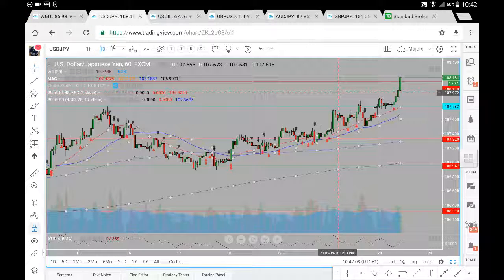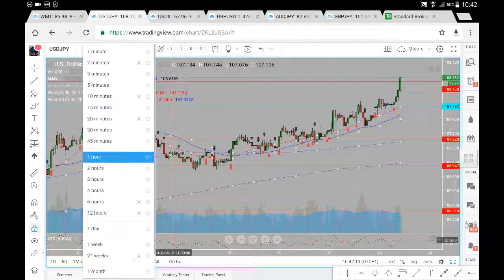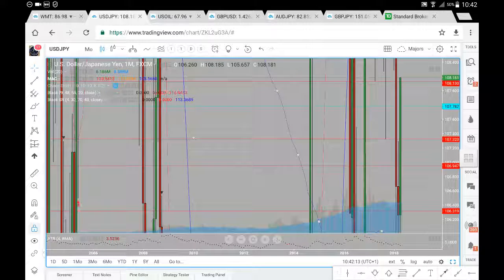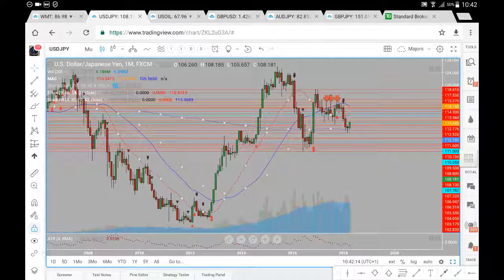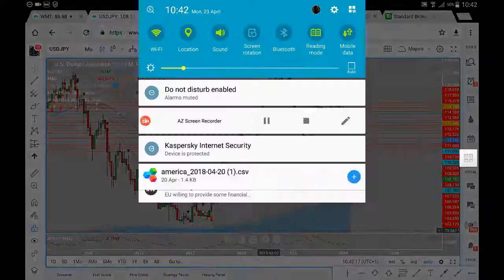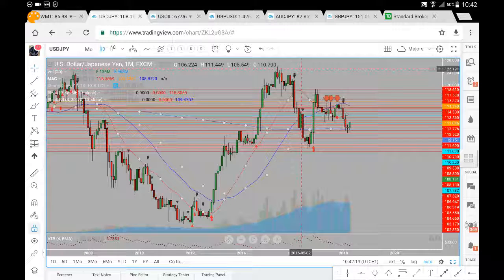Now, let's just have a look here at the higher time frame, just to see how prices are developing here on the US dollar Japanese yen. We've had this sell-off out of this range, formed a bit of a pin bar in around where we do have the 200 period moving average here on the monthly time frame. Trades quite a bit below the 200 period moving average.